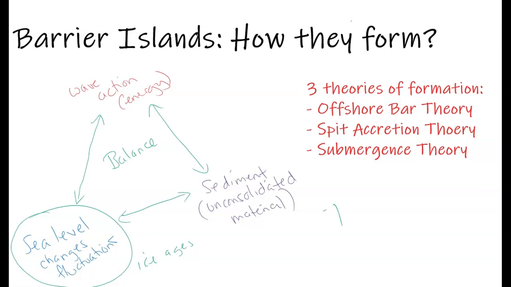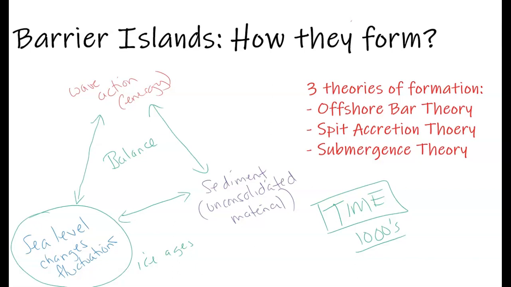Now, obviously, time is a large factor in this, because they are assumed to grow and build over thousands of years. These aren't a very fast moving cycle. However, in terms of geologic time, they are fast, because we're talking about thousands of years and not millions or billions of years.